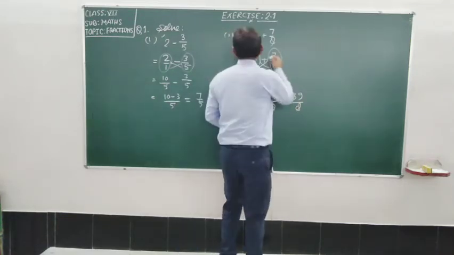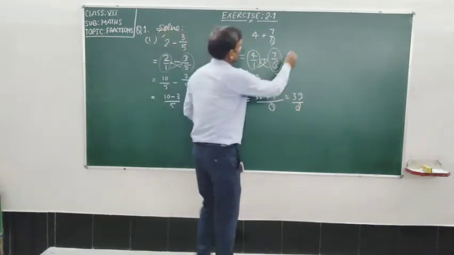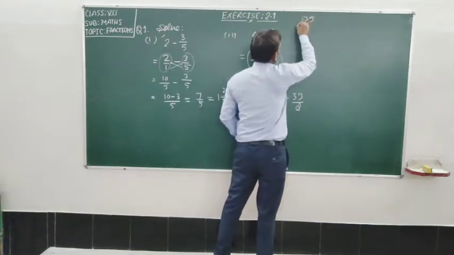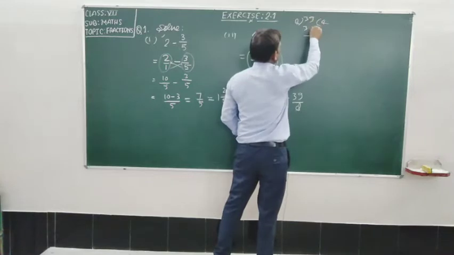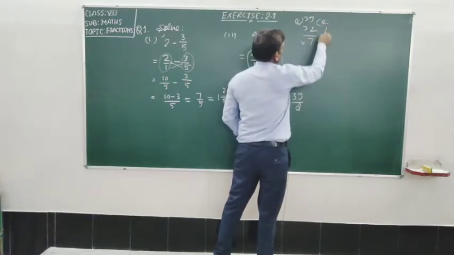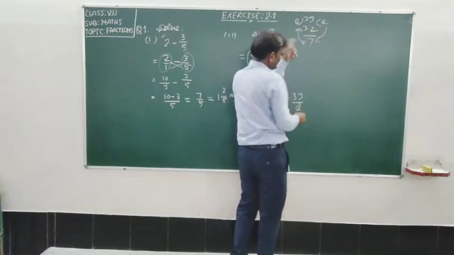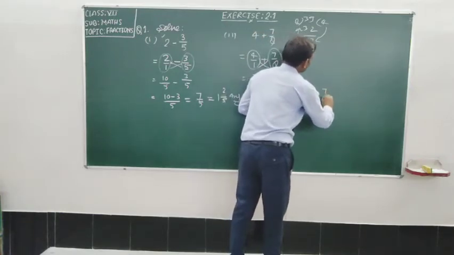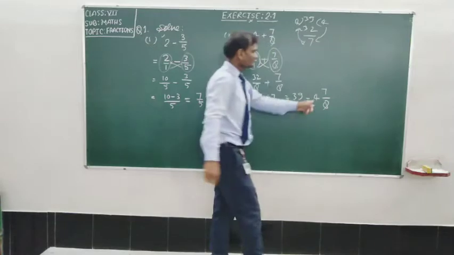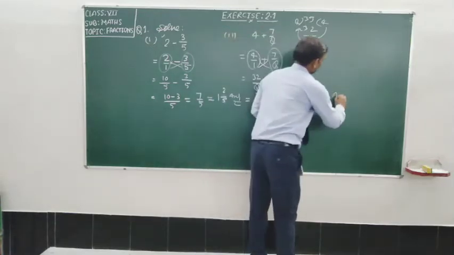So, student, divide the 39 by 8. 8 fours are 32, 39 minus 32 is 7. Like this, student, you can write that it is 4 whole 7 upon 8. It's my answer.